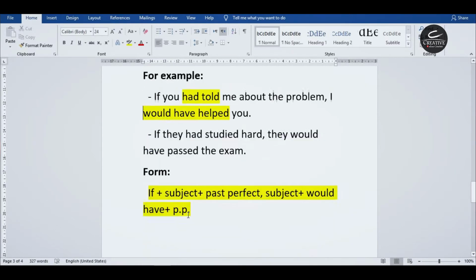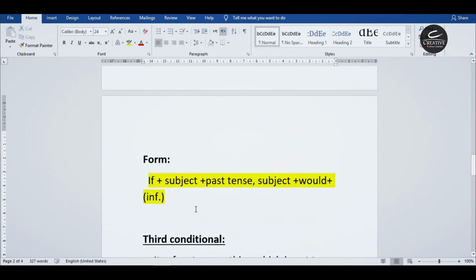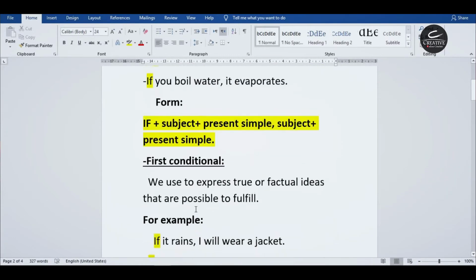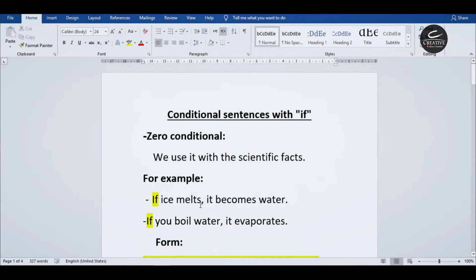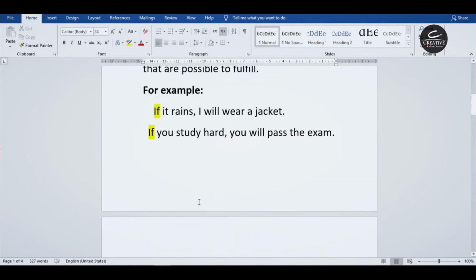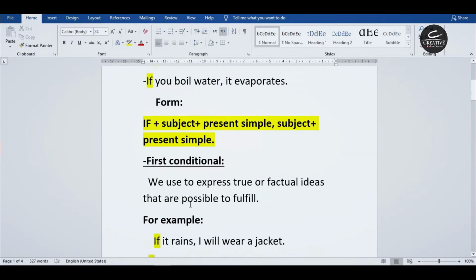So let's sum up the four conditionals of if. For the zero conditional, we use the present simple in both parts of the sentence. We use it if we want to talk about scientific facts. Then we have the first conditional of if.